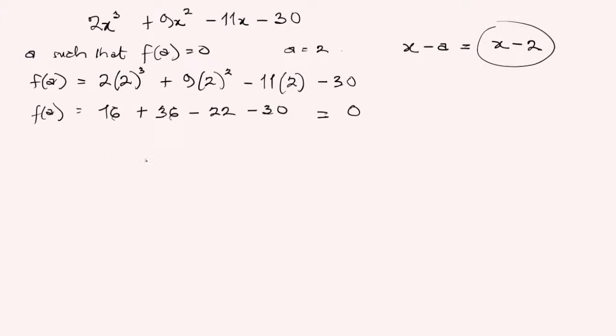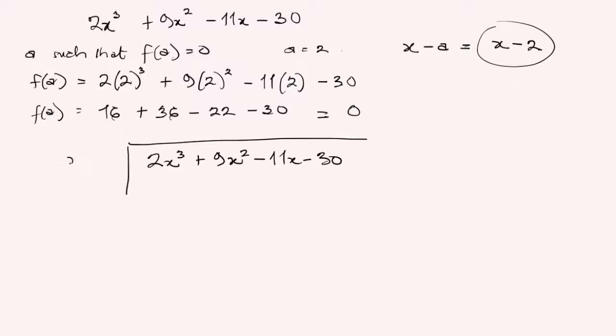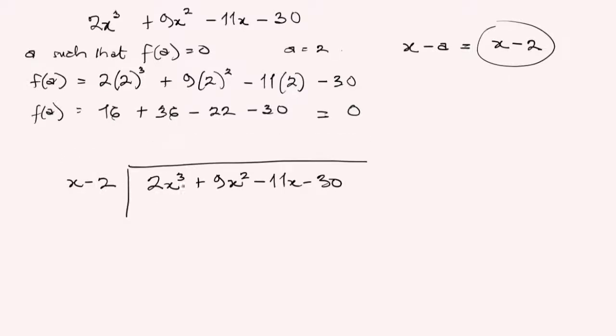Now to find the other 2 factors, what we have to do is divide 2x cubed plus 9x squared minus 11x minus 30 by x minus 2. So 2x cubed divided by x is equal to 2x squared. 2x squared multiplied by x is equal to 2x cubed, and 2x squared multiplied by minus 2 is equal to minus 4x squared.